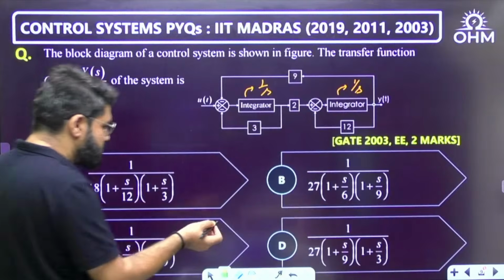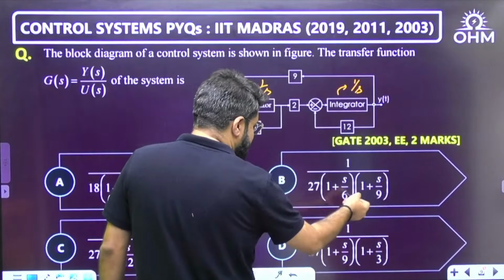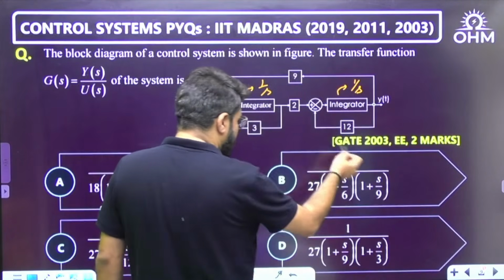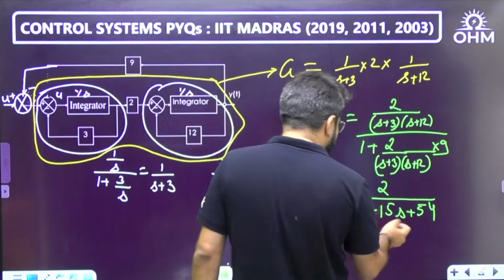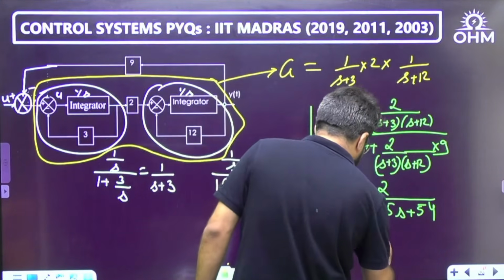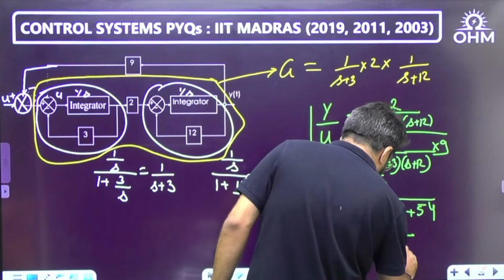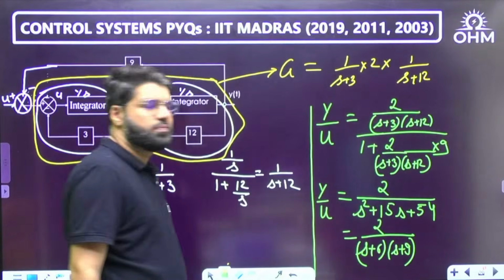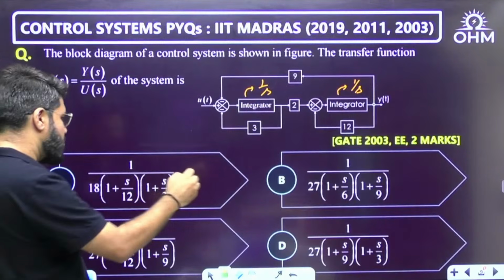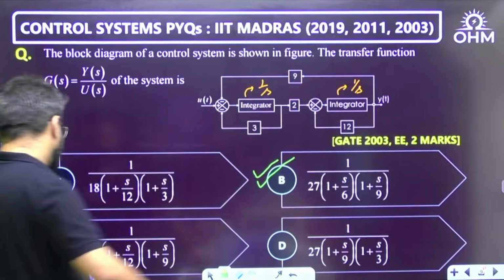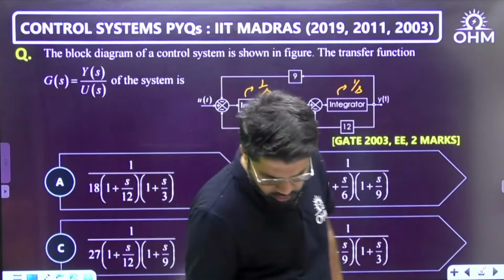Taking 9 and 6, the LCM is 54, which will cancel with 2. So 2 upon (s plus 6)(s plus 9). Creating the factors here, 6 and 9, correct. This can be factorized as 2 upon (6 plus s)(s plus 9). 6 and 9 are the factors, so option number B will match. Option number B. If you have completed, you should have got option number B, right?